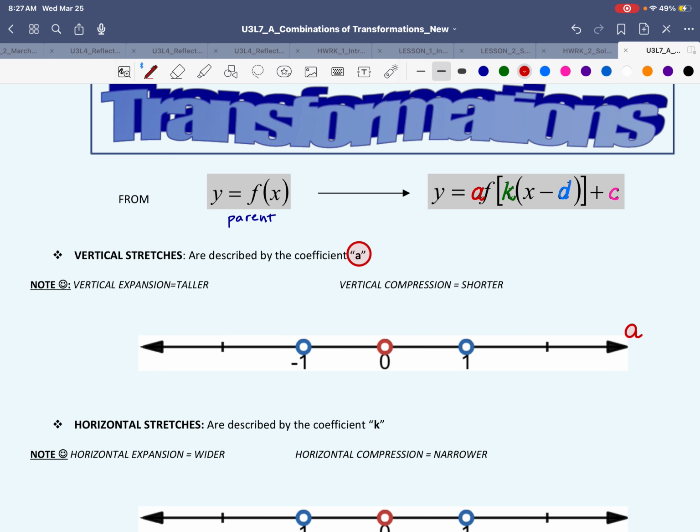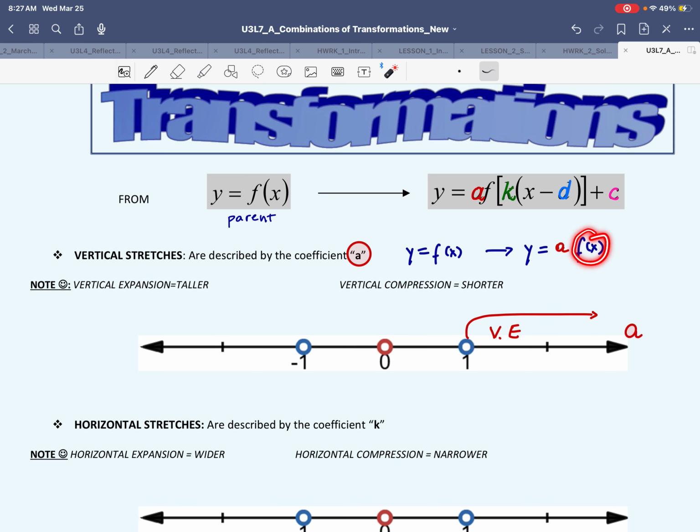So if the values of a are greater than 1, then the function will undergo a vertical expansion. In this case, our parent y equals f of x will transform to become y equals a times f of x, which means that the values of y are being multiplied by a number.